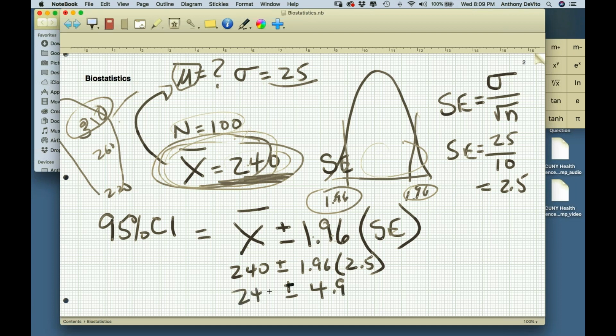So I have 240 plus or minus 4.9. If I subtract 4.9 from 240, I get 235.1. And if I add it to 240, I get 244.9.